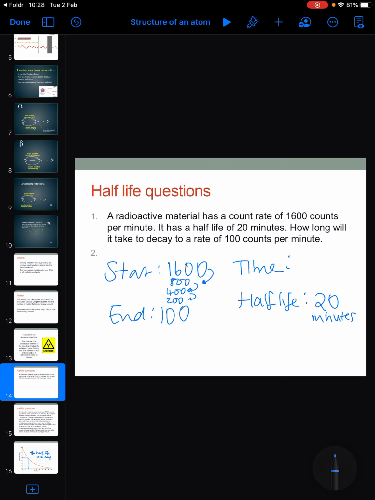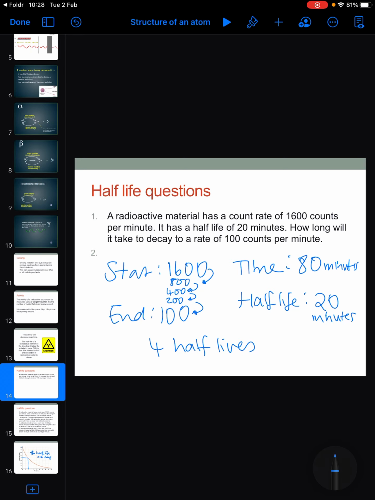So 1,600 halves to 800, halves to 400, halves to 200, halves to 100. To work out how many half-lives there have been, you count the arrows. Here I've got 4 arrows, so there have been 4 half-lives. Each half-life is 20 minutes, so 4 half-lives, each one 20 minutes, is 80 minutes. So you just do 4 times 20 there.